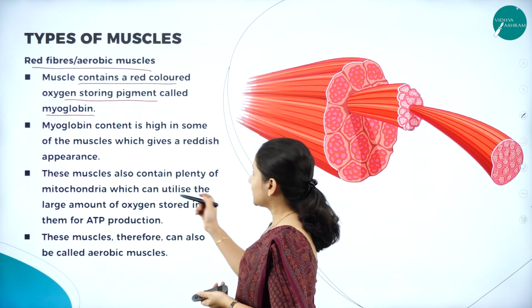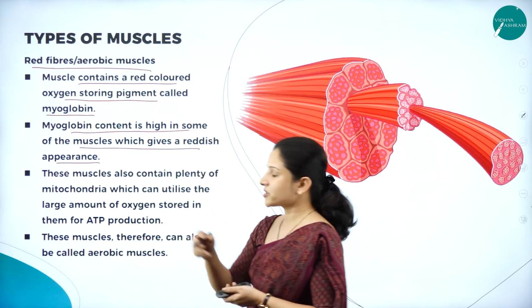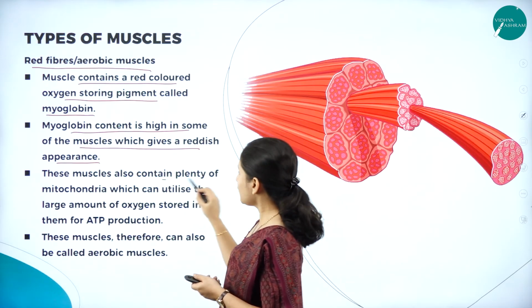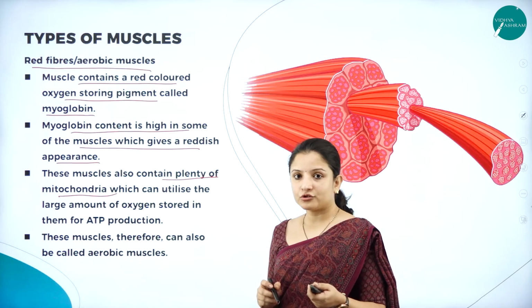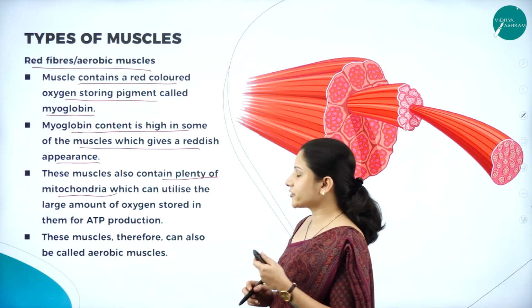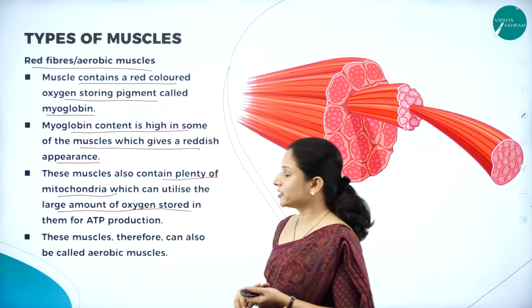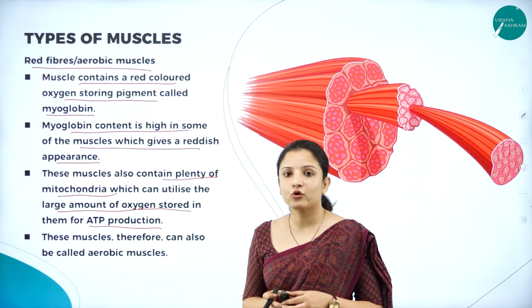So myoglobin content is high in some muscles, which gives them a reddish appearance. And these muscles also contain plenty of mitochondria. Mitochondria, we all know, are the powerhouse of the cells, right? And these mitochondria utilize a large amount of oxygen stored in them for the production of ATP. That is why they are called the aerobic muscles.